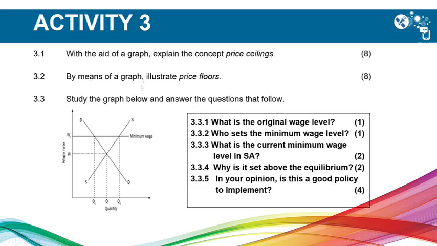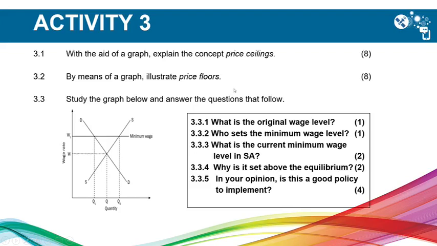So what's the difference between the two? 3.1 says, with the aid of a graph, explain the concept price ceilings, meaning you've got to explain what a price ceiling is, but you've also got to include a graph to help your explanation. Whereas 3.2 says, by means of a graph, illustrate price floors, meaning you don't need to give an explanation, you only need to draw the graph.